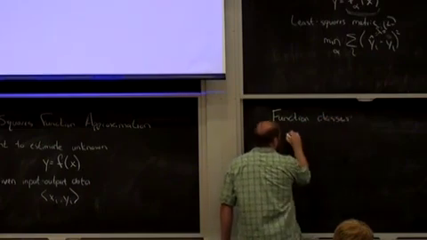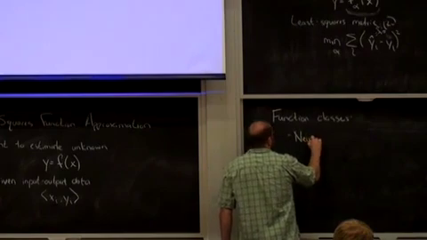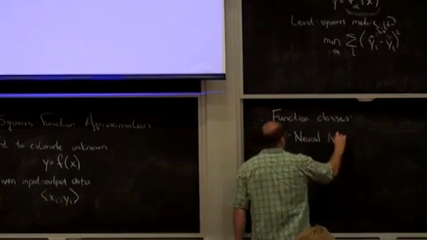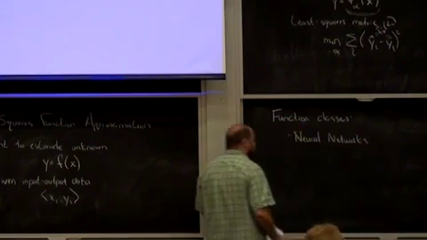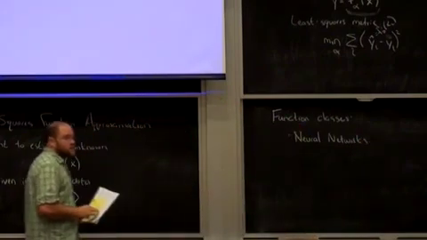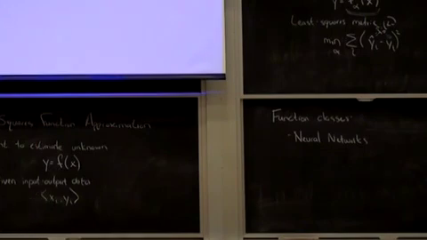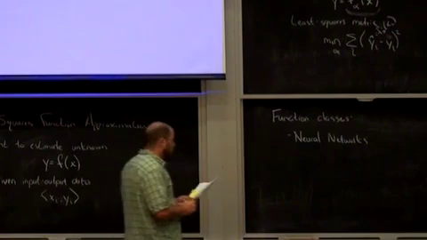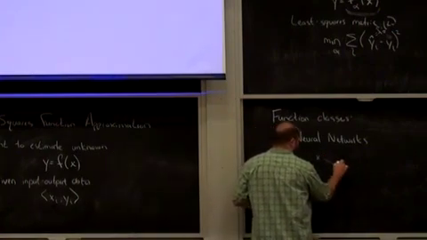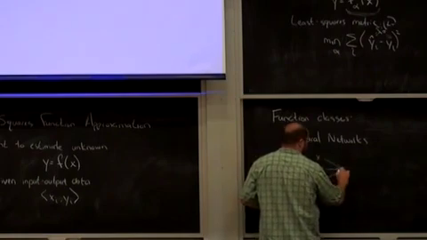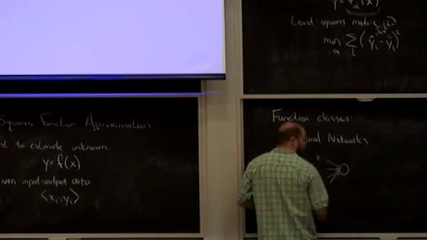One of them is neural networks, right? So a lot of people believe that a good way to write down an arbitrary function is to take your inputs and try to do something that sort of models a neuron.